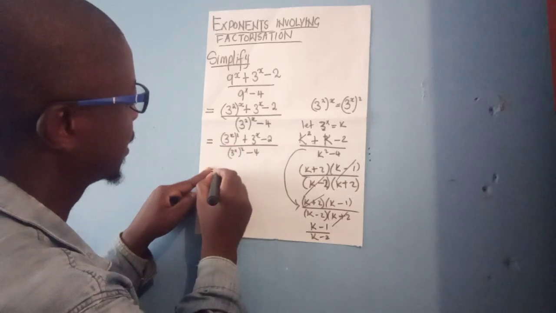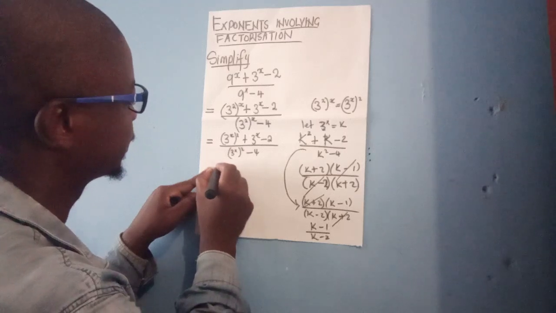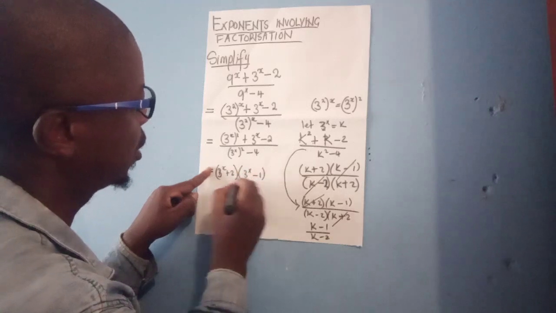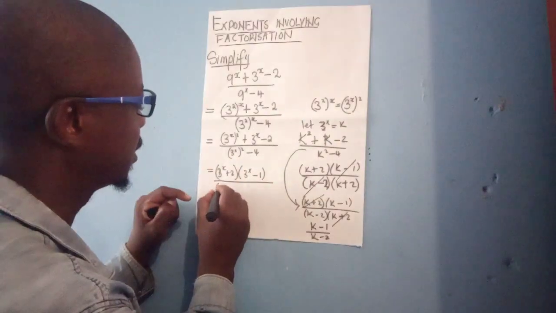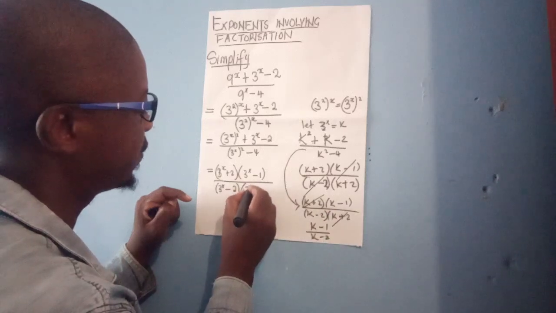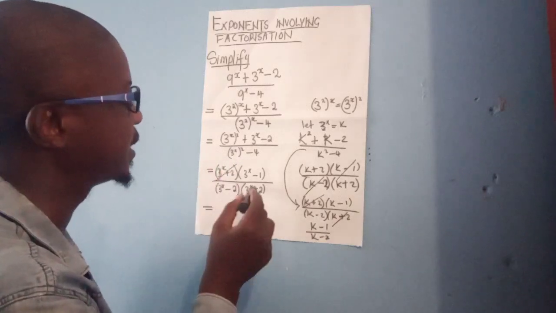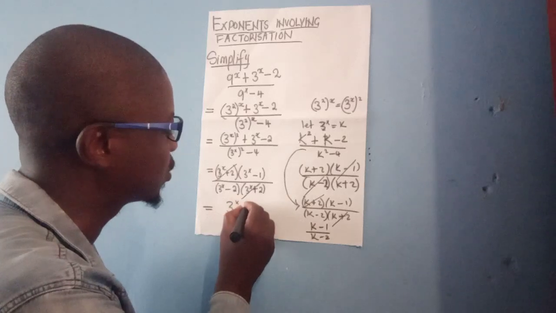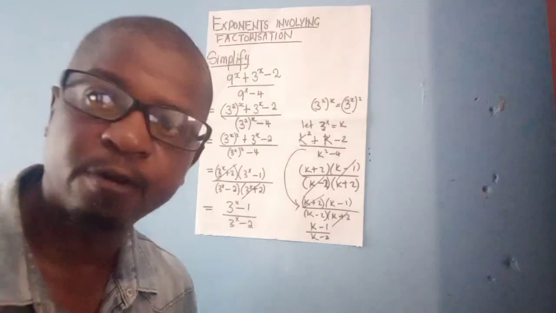So k plus 2 is 3 to the power of x plus 2, and k minus 1 is 3 to the power of x minus 1, over k minus 2, which is 3 to the power of x minus 2, times k plus 2, 3 to the power of x plus 2. It is in this case that this item and that item cancel each other out, leaving us with 3 to the power of x minus 1 over 3 to the power of x minus 2. That is it for this example.